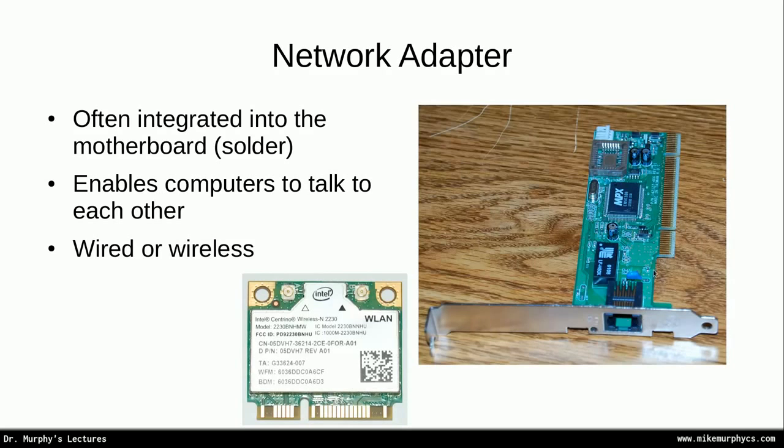This is a separate card that plugs into the motherboard with these connectors, and then we can plug a network cable into this card. We also have wireless adapters. Here is an Intel Centrino wireless card. This is actually a mini PCI Express card that plugs into the computer internally. So we have different types of networking adapters that we can add to the system.